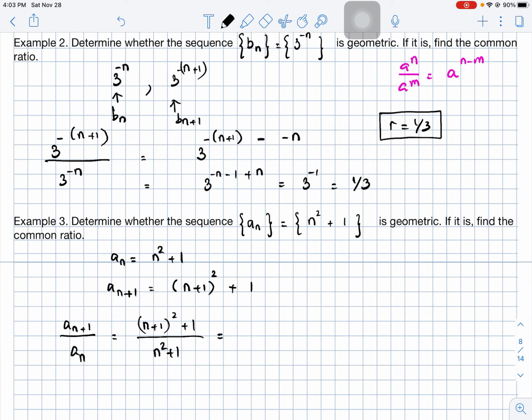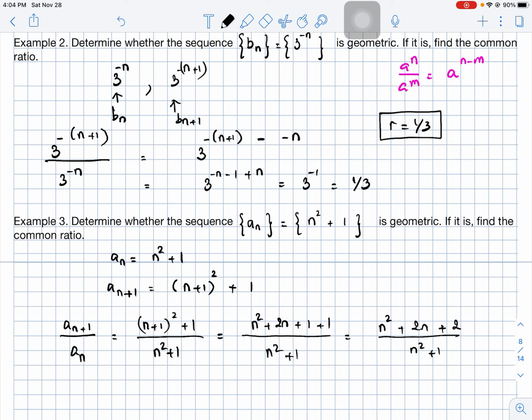Now we simplify this. Let me expand this, and then we get n squared plus 2n plus 2 divided by n squared plus 1. We want to factor this, and then we can simplify. That's what we do to simplify a rational expression.